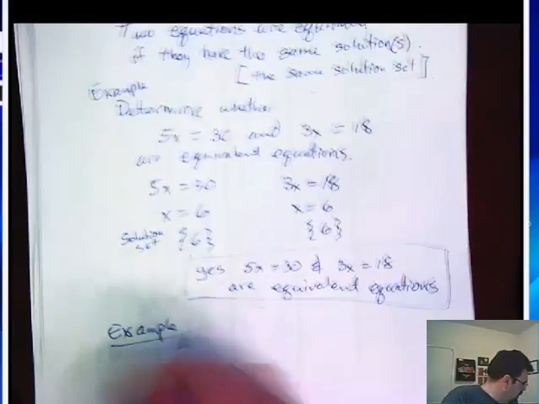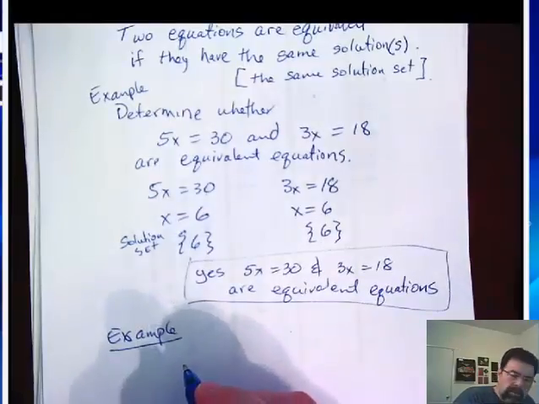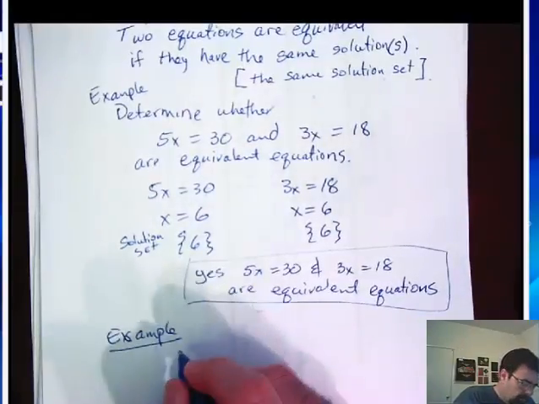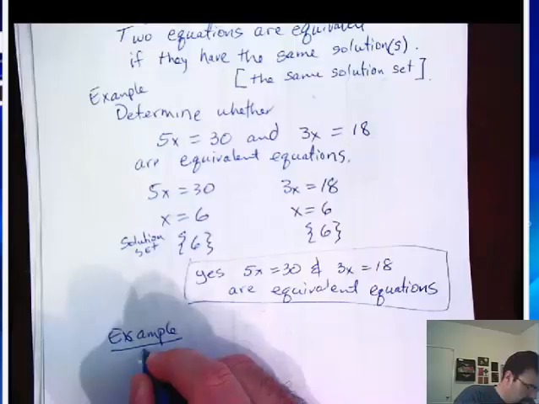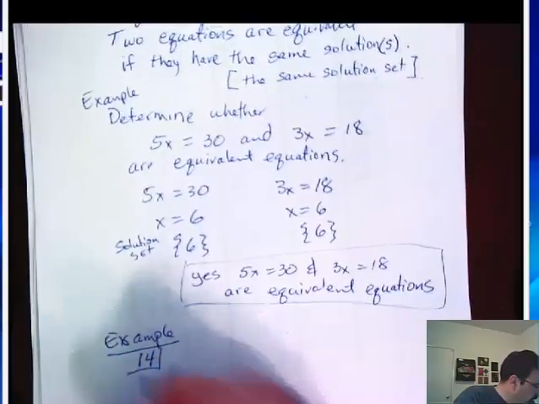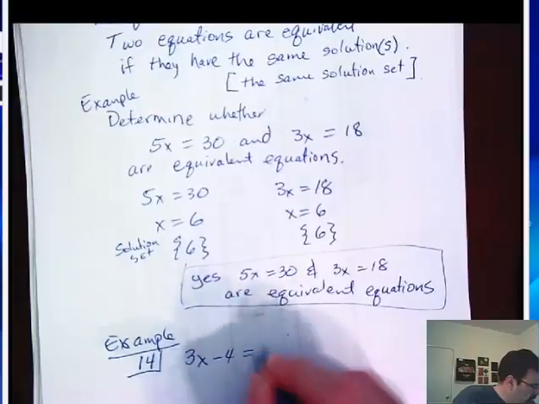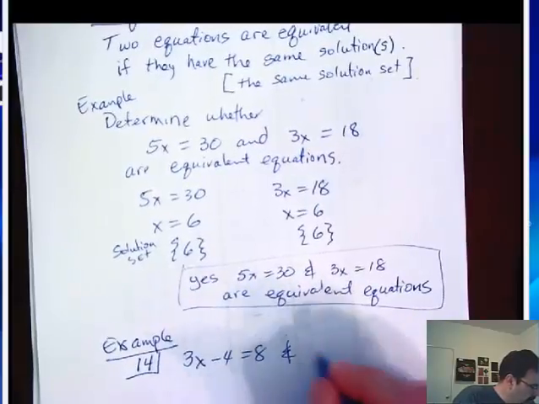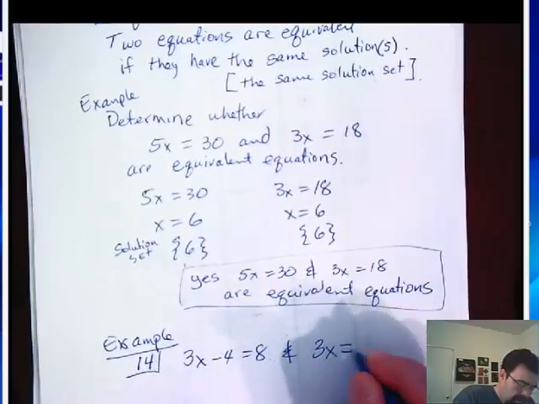Let's try another one. This is exercise 14 from the book. 3x minus 4 equals 8, and 3x equals 12.